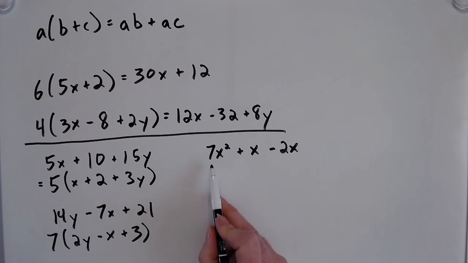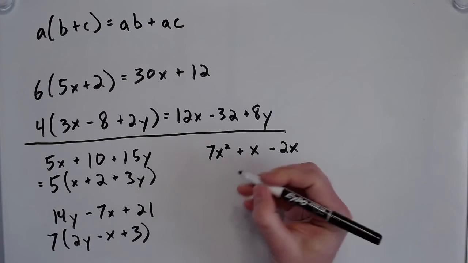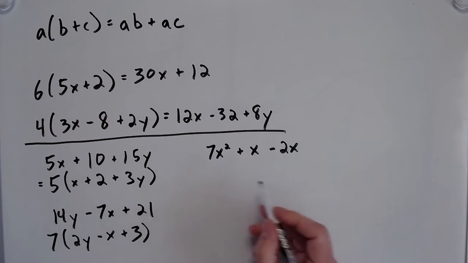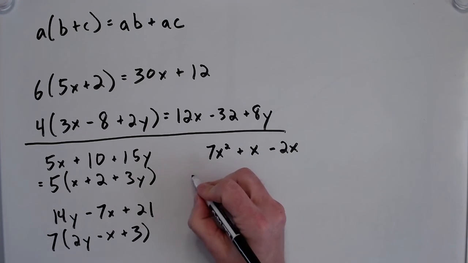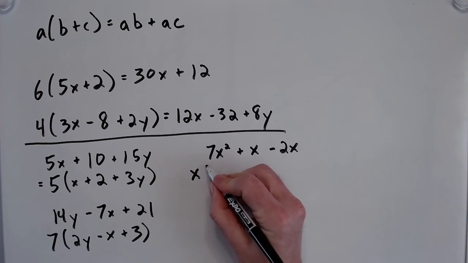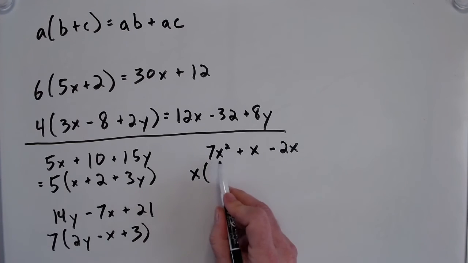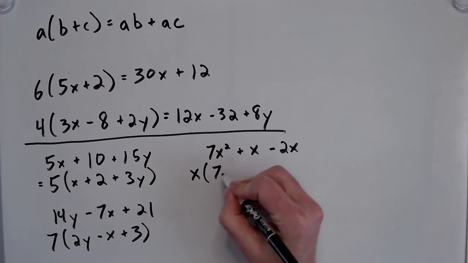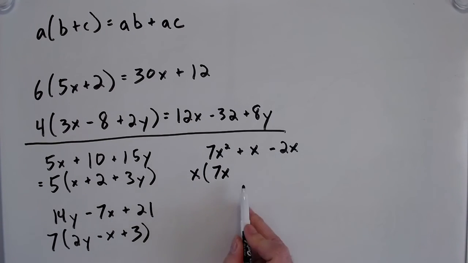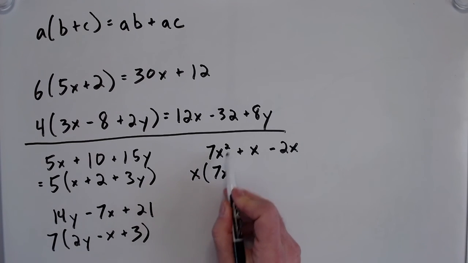It may be easier to think of this 7x squared as 7 times x times x. So the common factor here is x. So let's just pull out the x. If you take 7x squared and you pull an x out of it, what would you be left with? It would be 7x. If you think about it, 7 times x is 7x squared.